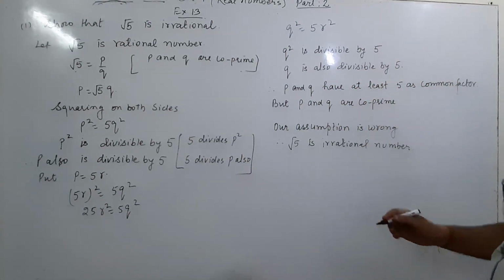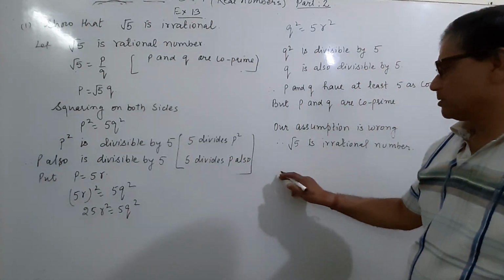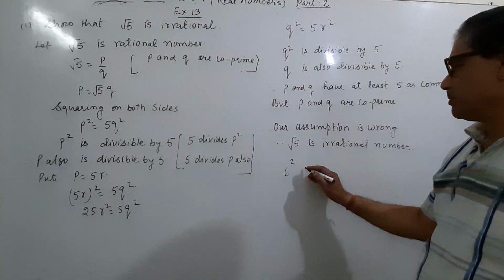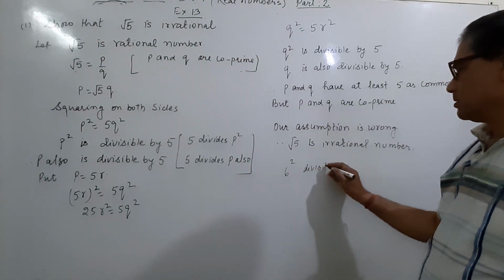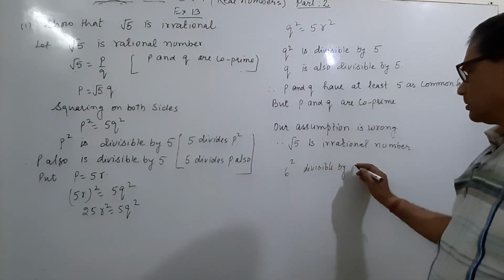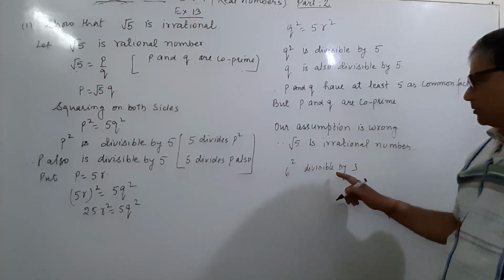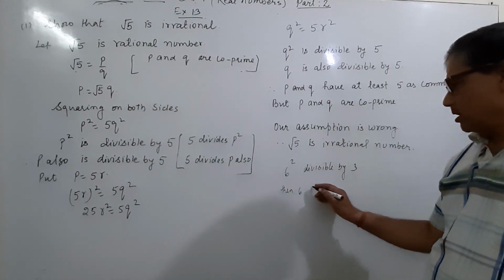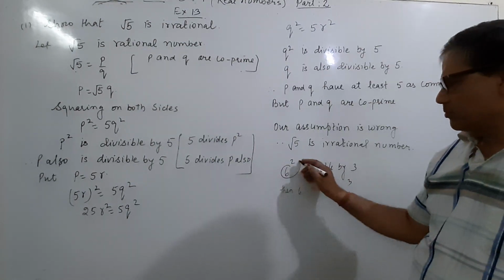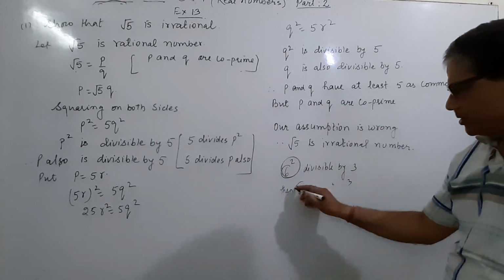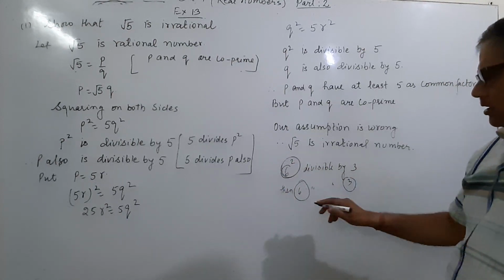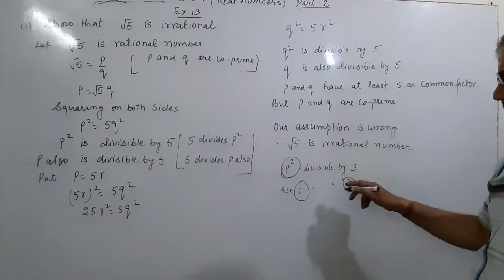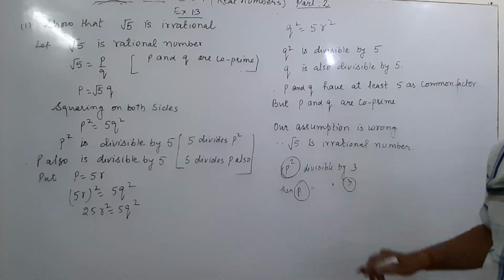Before starting, we have to discuss this: if 6 squared is divisible by 3, then 6 is divisible by 3. It means if 6 squared is divisible by 3, then automatically 6 is also divisible by 3. If I write p squared is divisible by 3, then p is also divisible by 3.